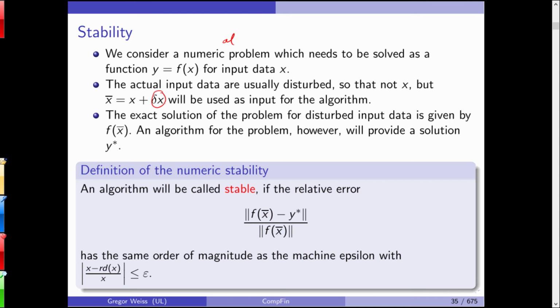The second error comes from a faulty algorithm. So you will only get in the end y star, and the solution y star includes two errors. First, an input data error, and second, an error that is coming from the algorithm itself.